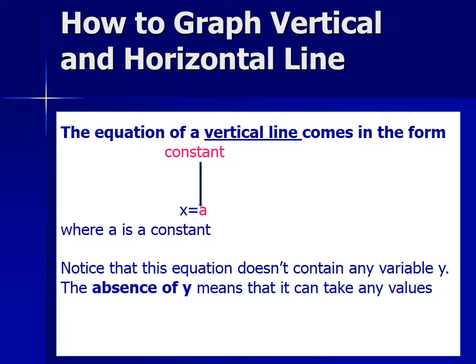The equation of a vertical line means parallel to the y-axis and perpendicular to the x-axis, comes in the form of x equal a, where a is a constant. Notice that this equation does not contain any variable y. The absence of y means that it can take any values.